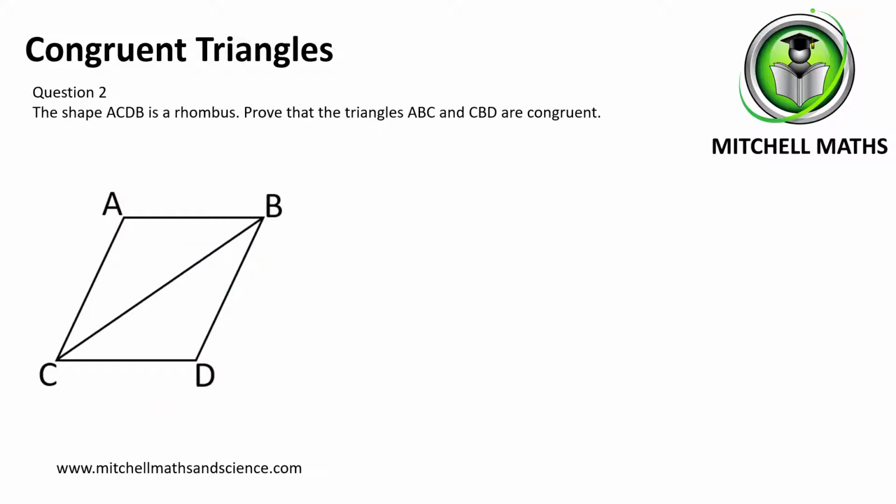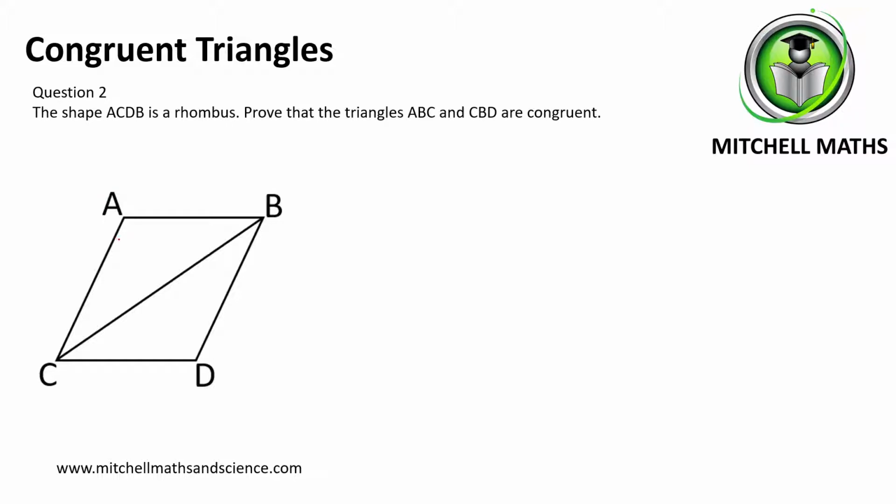Right, in the next question, this is a rhombus, and it's very similar if it's a parallelogram as well. There's two ways which we can do this. I'm going to choose a different rule just as an example. We know that opposite angles in a rhombus are equal.